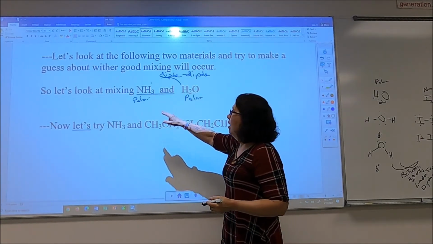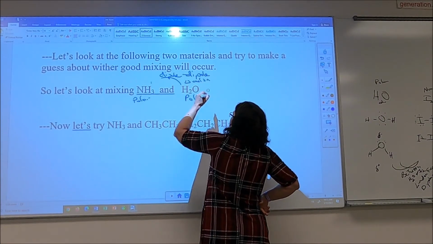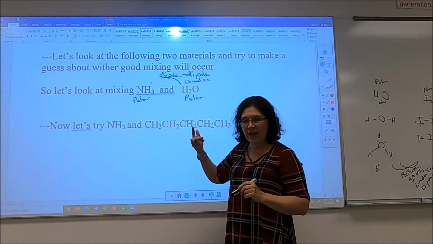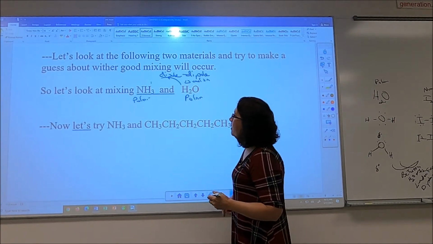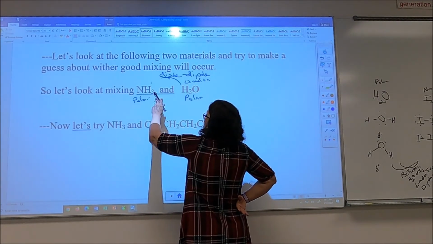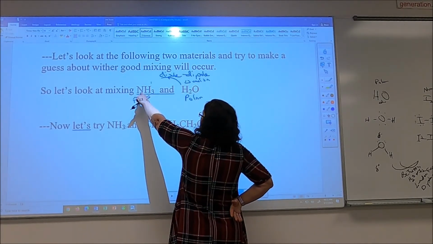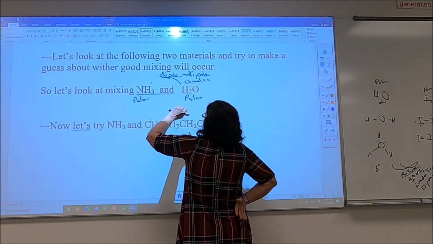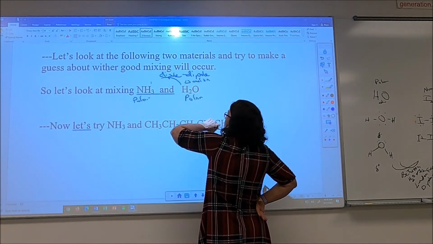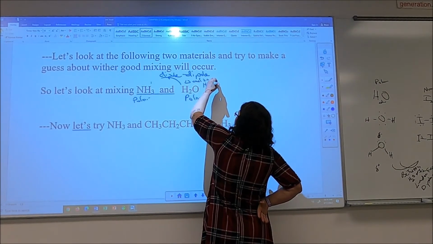Now, I also know that there is London, because any two molecules can interact through a London force. Next, I want to see if I can get hydrogen bonding. Well, nitrogen here in ammonia has 3 hydrogens bonded to it and a lone pair, and I have hydrogen bonded to oxygen here, so I can also have hydrogen bonding.